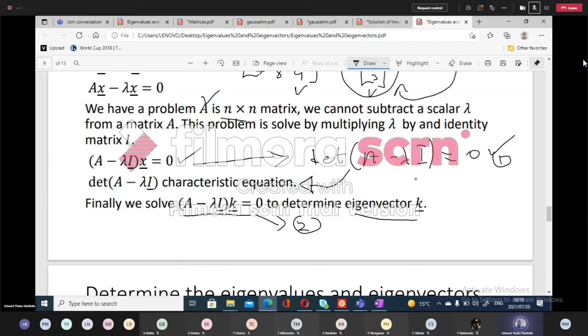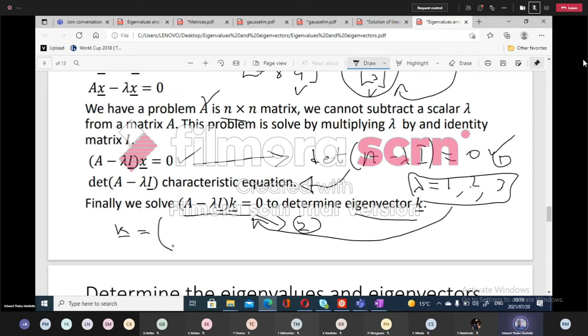The first one is going to give us the values of lambda. Lambda equals 1, lambda equals 2, lambda equals 3. These are just my values. Now, once we have these 1, 2, 3, you substitute into this system and solve. When you solve, you end up with eigenvectors, so we'll end up with k equals, let's say, 1, 2, 3, and k equals something again.